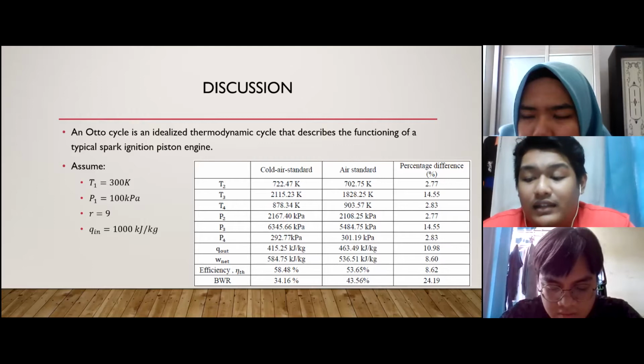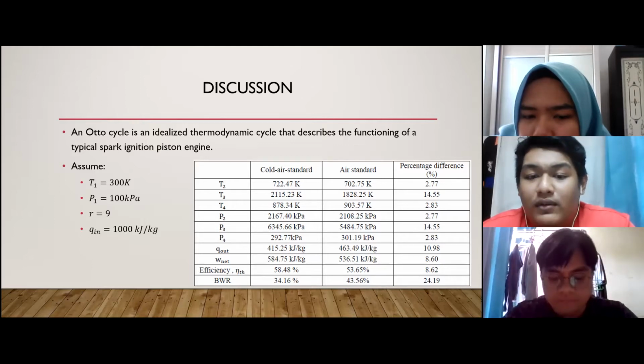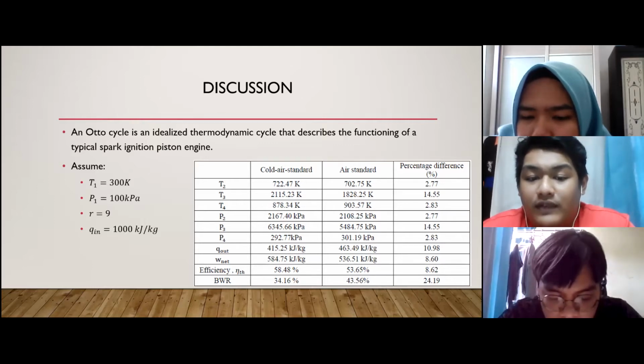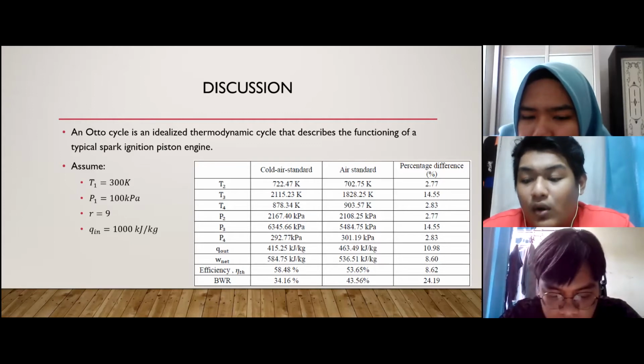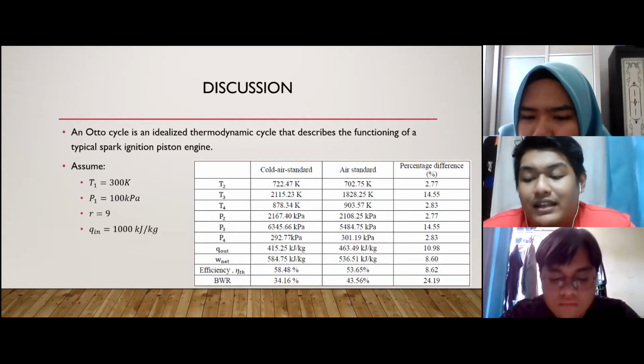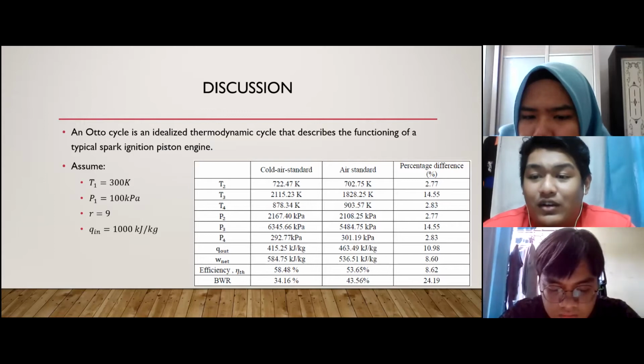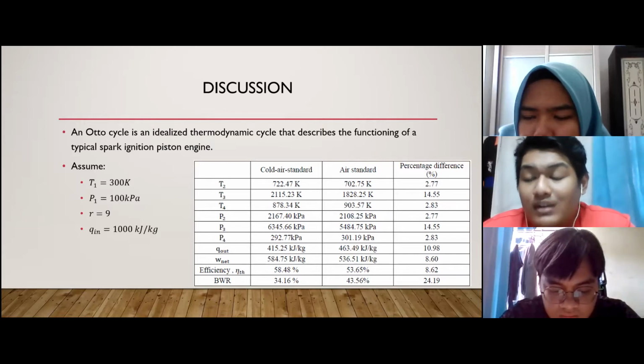The Wnet in cold air standard assumption is 1584.75 kilojoule per kilogram, while for the air standard assumption it is 536.51 kilojoule per kilogram. That means the objective of the assignment was achieved, which is the Wnet should be in the range of 500 kilojoule per kilogram to 600 kilojoule per kilogram.